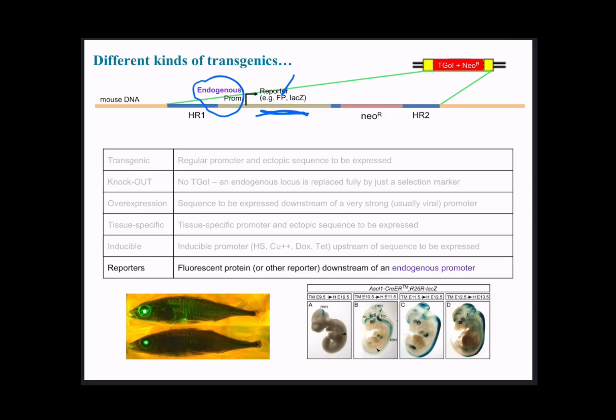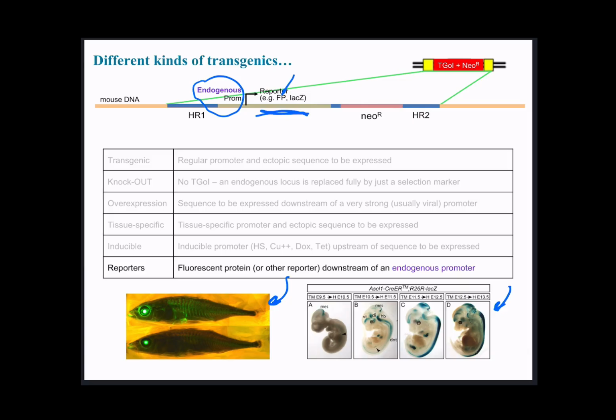When you make a transgenic like that, you can end up with things like this. In this case, fish that express a fluorescent protein in certain cell types, and you can follow that simply by looking at where the expression is coming from, or these mouse embryos, I believe, that express beta-galactosidase, the LacZ gene, in what appears to be the neural cord and other neural tissues.